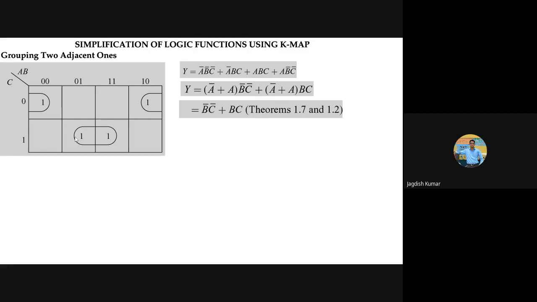If you have a 4-variable K-map, then you will have three literals only for a pair. So that's the interesting thing: this pair will lead you to a term called BC. Is this clear? Could you make some meaning out of what I said, or could you understand the logic or not?